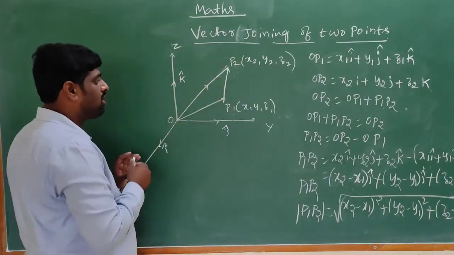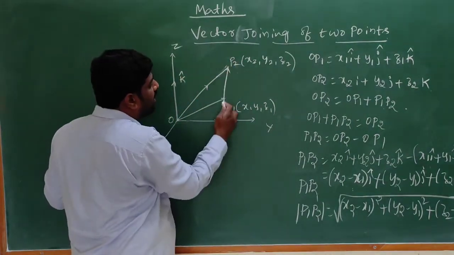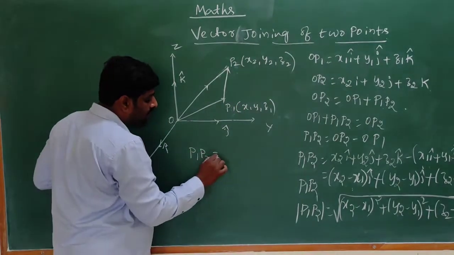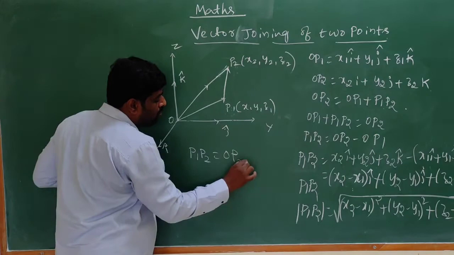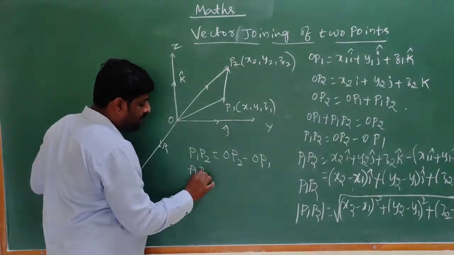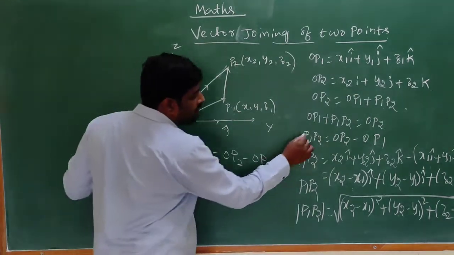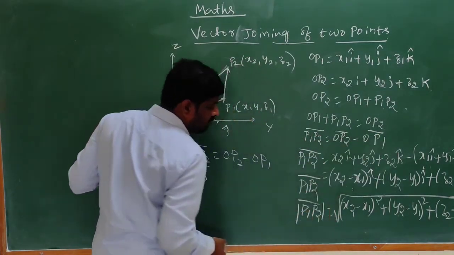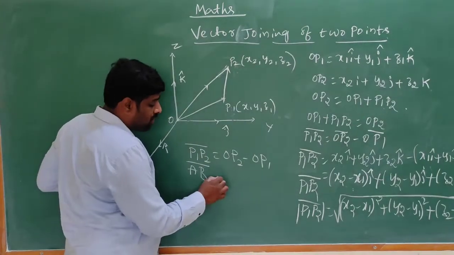Suppose here P1P2 can be written as OP2 minus OP1. Suppose AB bar, how can AB bar be written?